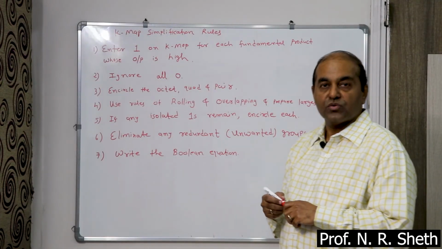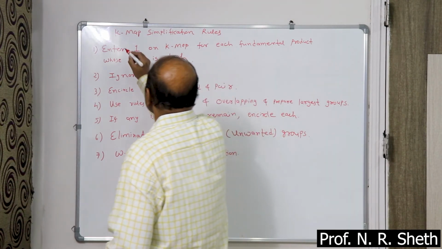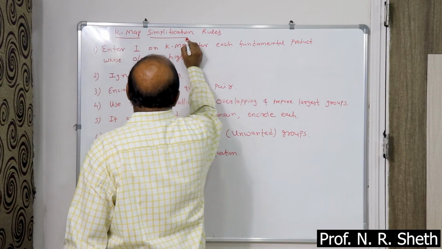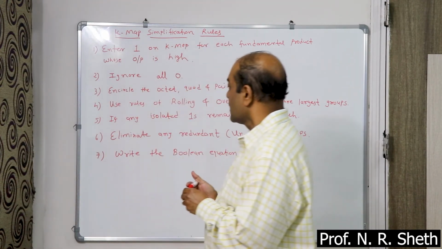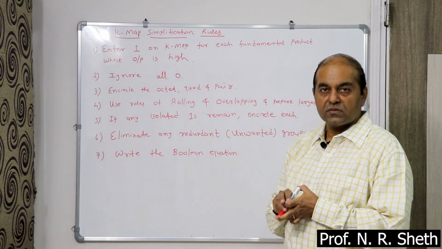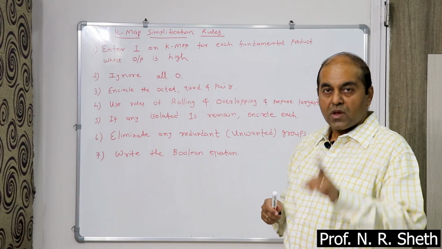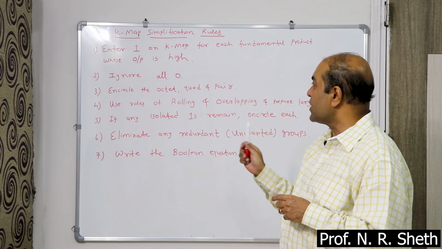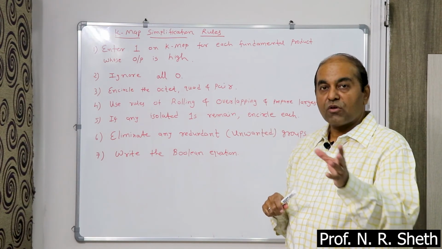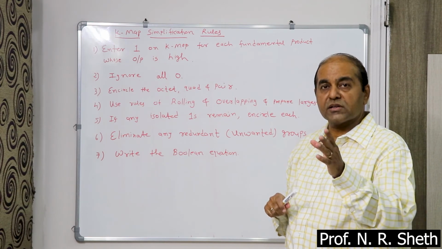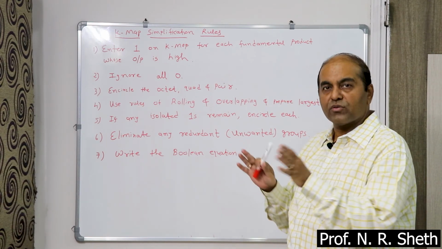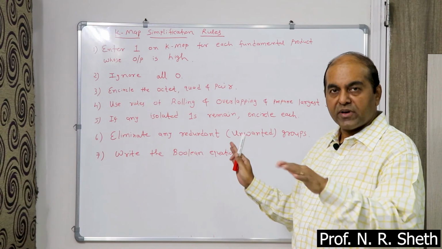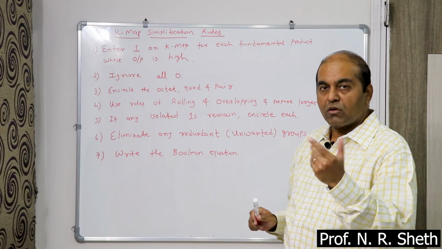K-map simplification rules. You have to remember these 7 rules. Number 1, enter 1 on the K-map for each fundamental product whose output is high. So those cases where output is high, just copy down the fundamental product. That we have already done. Number 2, ignore all the zeros.